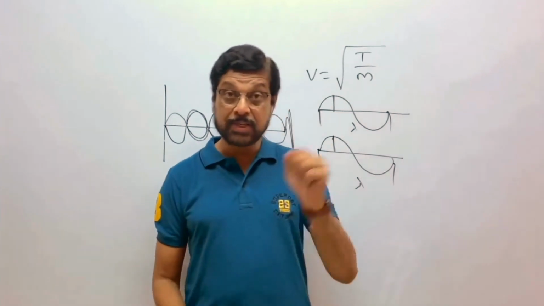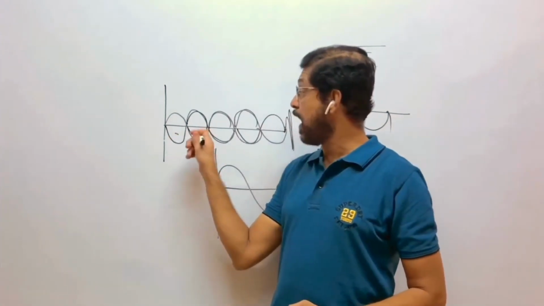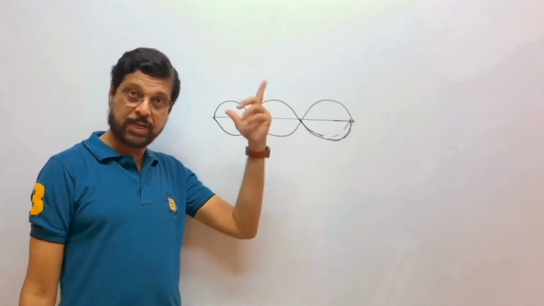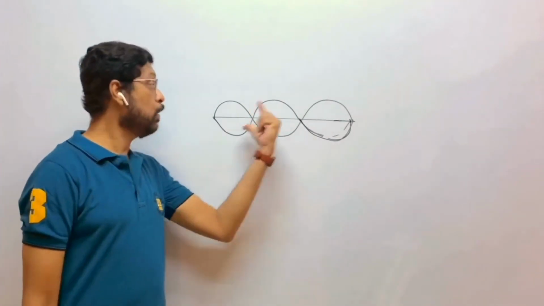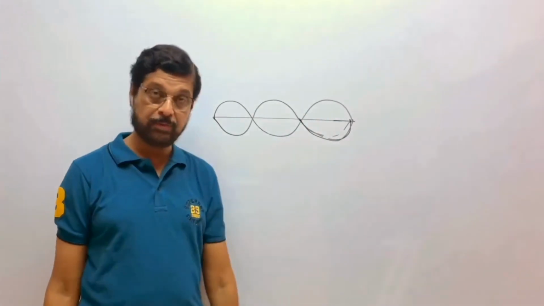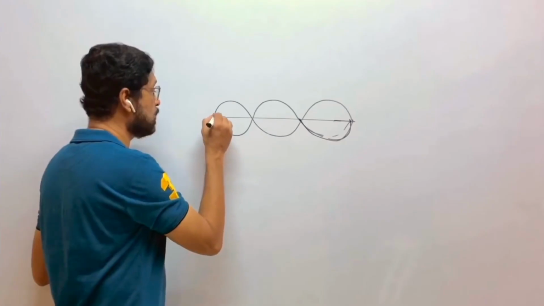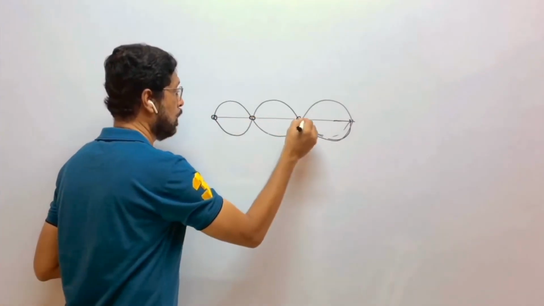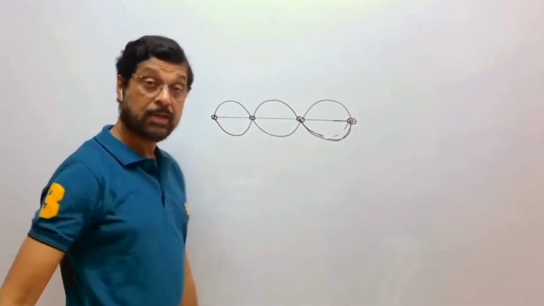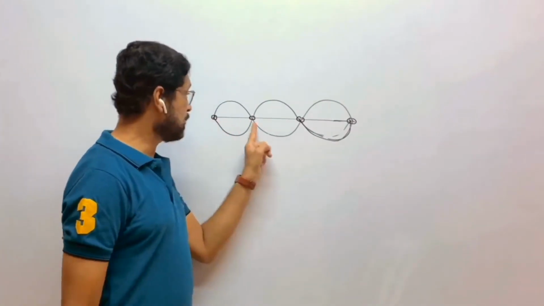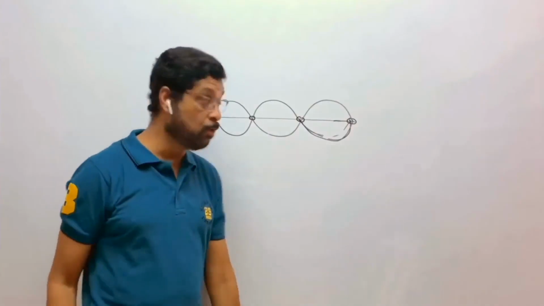So in a stationary wave, loops are formed like this. There are loops in that wave. You'll find that at some points the displacement is 0. The point is not moving.